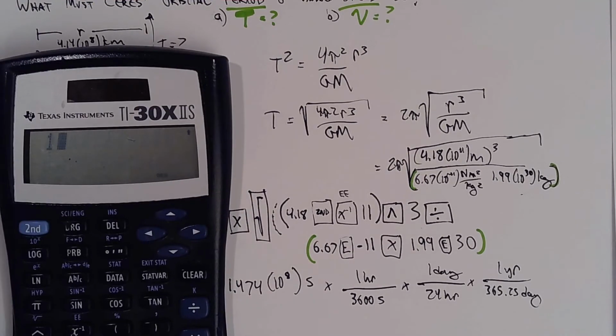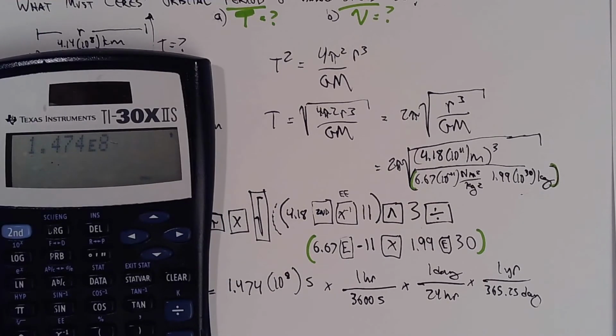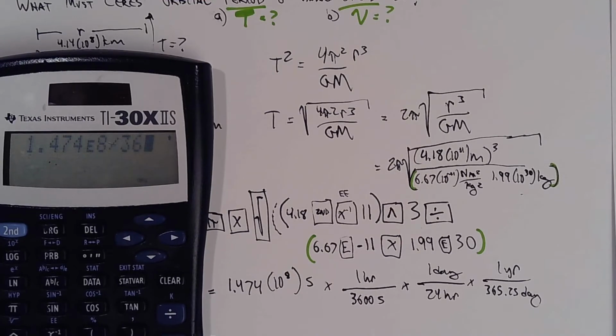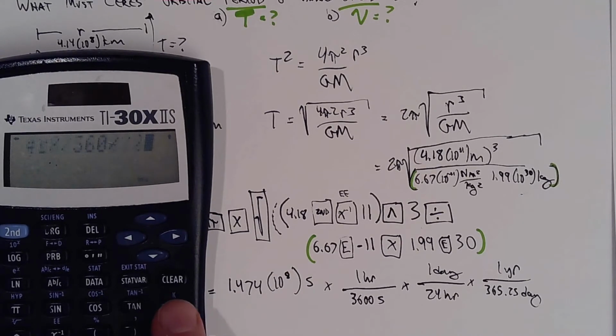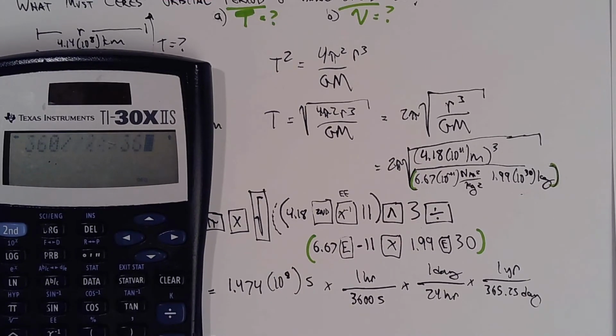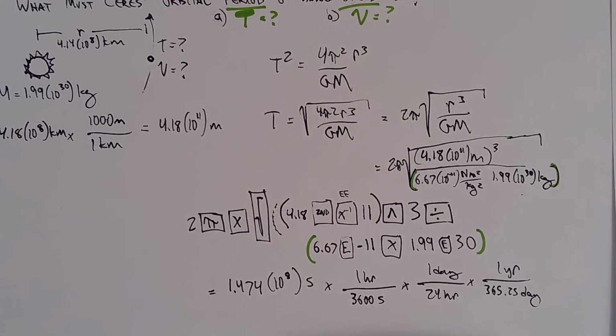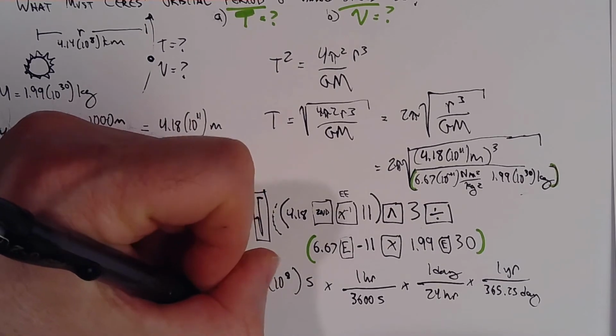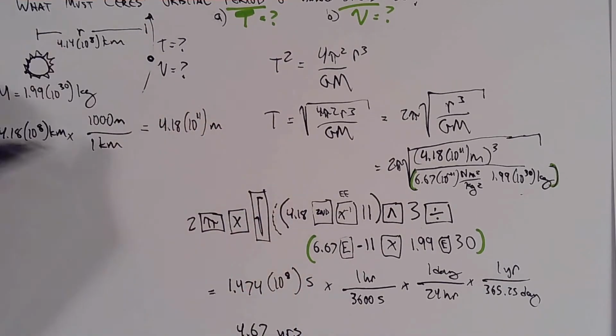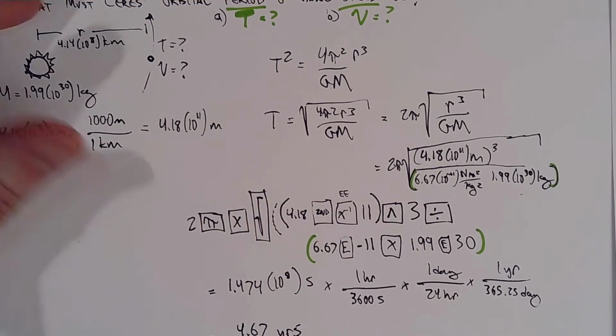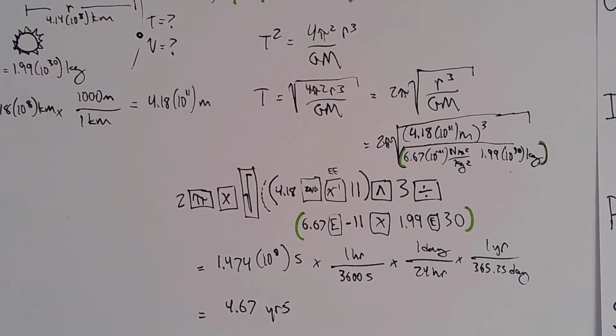Solving that out, it's 1.474 e to the 8th divided by 3600 divided by 24 divided by 365.25. There we go, 4.67. So Ceres takes around 4.67 years to orbit the sun.